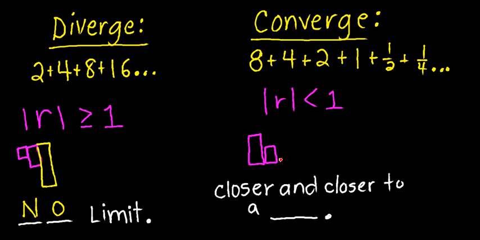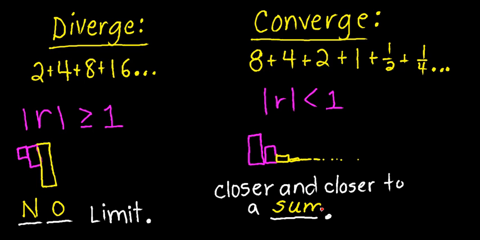And think about it this way. If this is the first term, and that's the second term, which is half as big, then I have another term, and then another term, and each one is half the size of the previous one. It's littler and littler, so little I can't even draw it. Now it will go on to infinity, but it gets so teeny that it's going to be closer and closer to a sum.